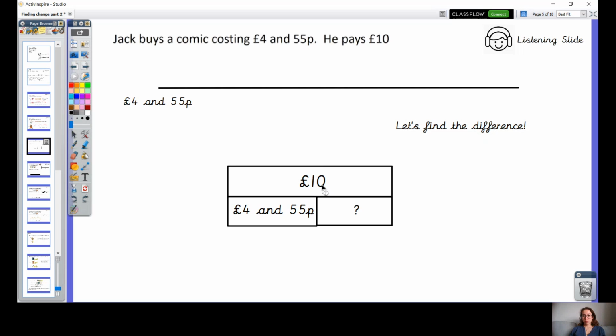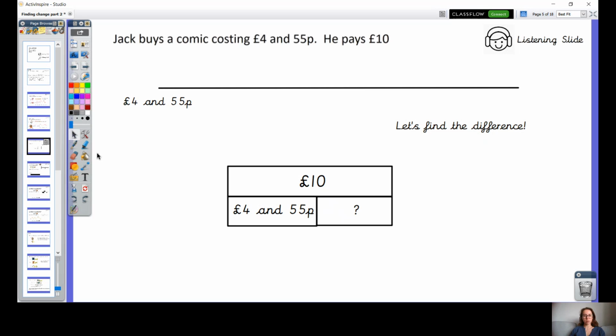Now, if we have a look at the bar model, we know that £10 is what he paid with, so that's the whole part. We know that the comic costs £4.55, so that's a little part. We want to know how much change he got, which is what this question mark is. That's what we're finding out.